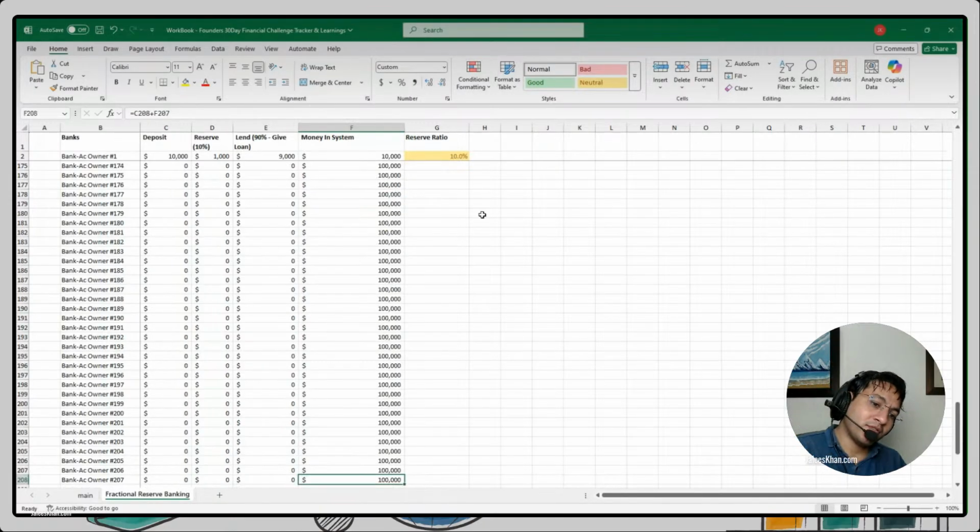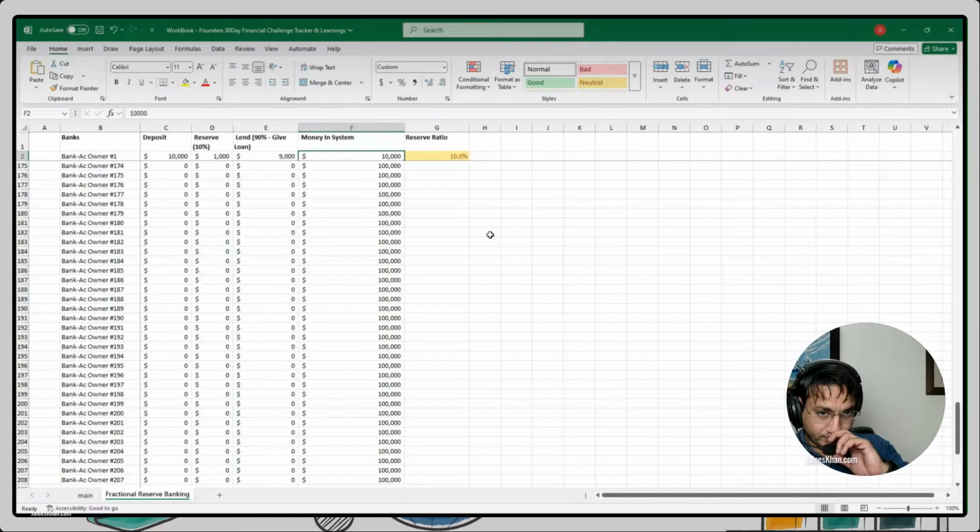If everyone does the same thing, it is generating around 1 lakh dollars in the money system. So that's how money is being generated out of thin air. There is only 10,000 cash, and the rest is the credit amount.